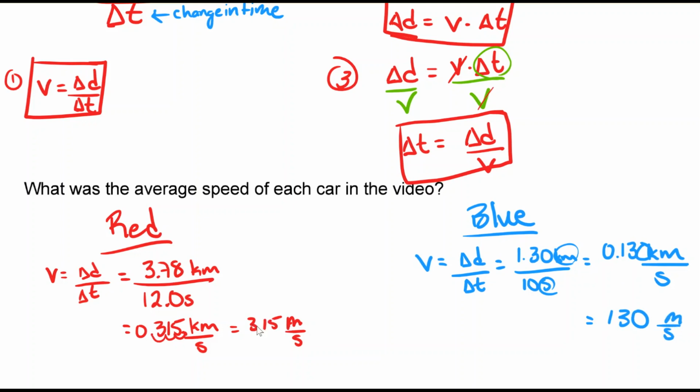Here, 315, that's good. We've got 3 significant digits here and 3 significant digits here. So when we compare the speed of them, the red car was moving at 315 meters per second. The blue car was moving at 130 meters per second. And absolutely, when you watch that video again, you can tell that the red car is moving way faster than the blue car.